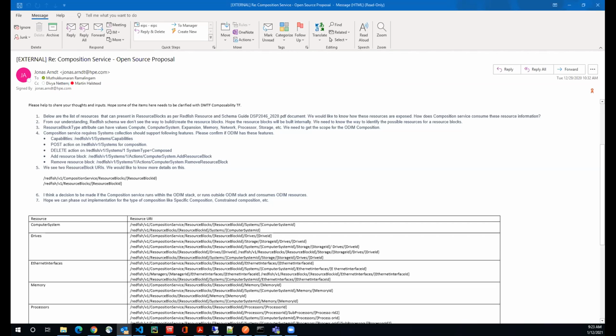I'm thinking of ONAP as an example of this, where the optimization logic for how, for example, VNFs are placed, and on what resources, is driven by the capabilities of those resources. And resources would be equivalent to computer systems here. So we need to think through that as well.